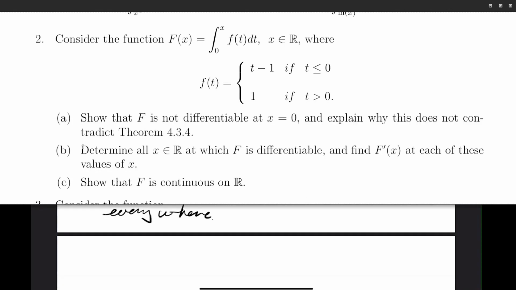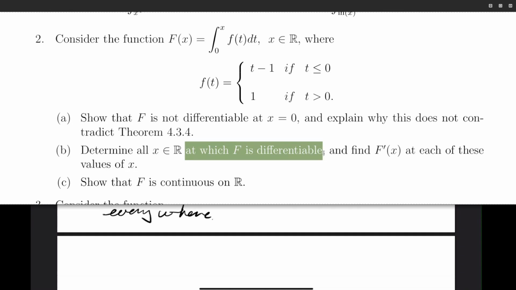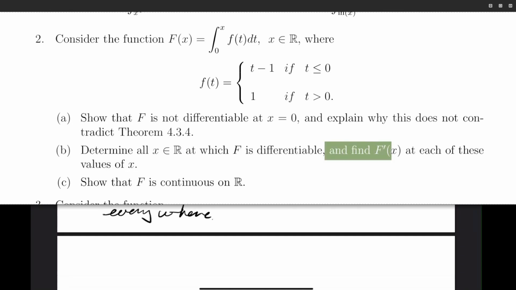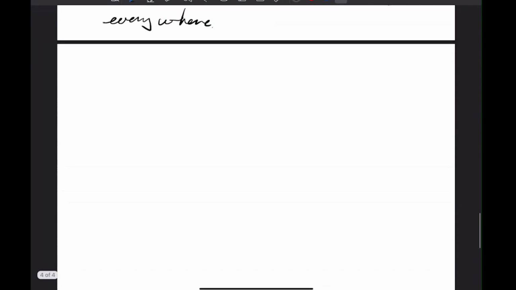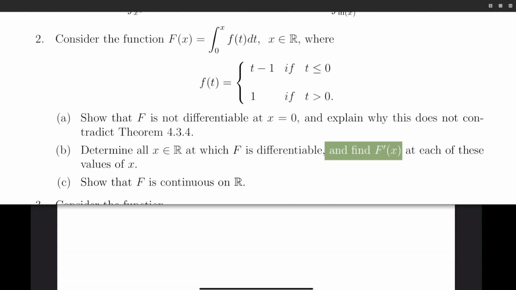Okay, let's take a look at part B. Determine all x at which big F is differentiable and find the derivative at these values of little x. Okay, so how can we do that? Well, we know exactly what little f is, so we can actually work out all the values of big F. So little f of t, this is part B, is defined as, what was it defined as?